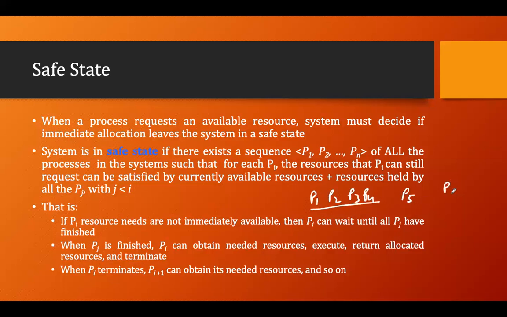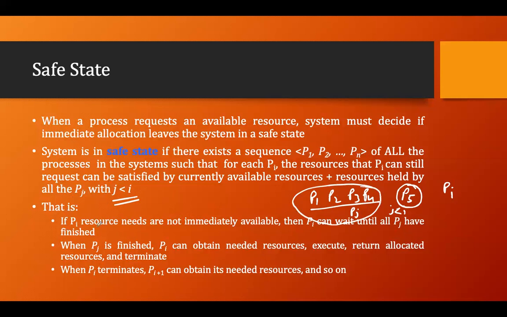Assume that P5 is the Pi, and these are all Pj, where j is less than i. That is what the condition is saying. It says that if a new request came and it is requesting a resource, I have to see how many resources are left and how many resources are taken by the older ones. And based on that, I'll make the decision.